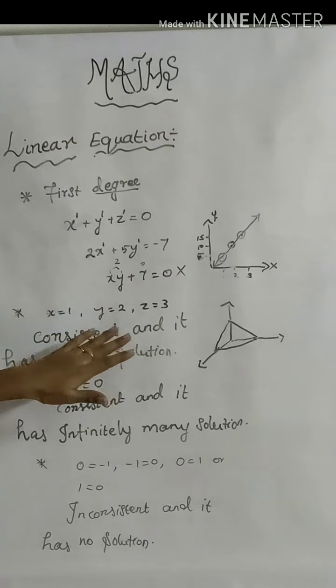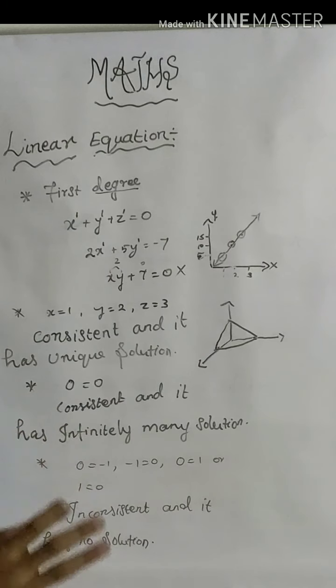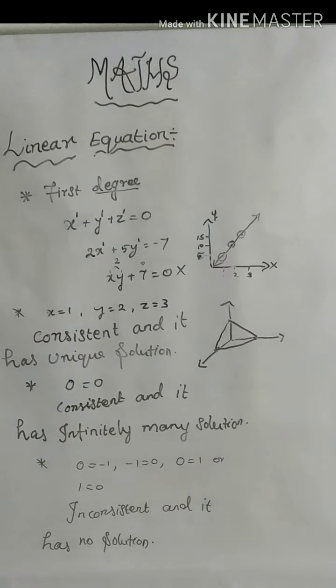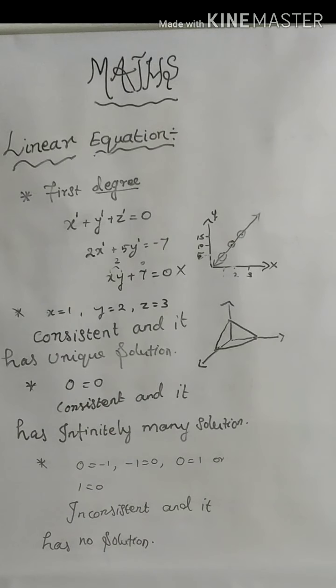So, all these three things. First, if you arrive at some values for the given variables x, y, z, then we can say the system of equations is consistent and it has a unique solution. If you arrive at 0 is equal to 0, then the system of equations is consistent because the left hand side and right hand side are equal, so it is consistent and it has infinitely many solutions.